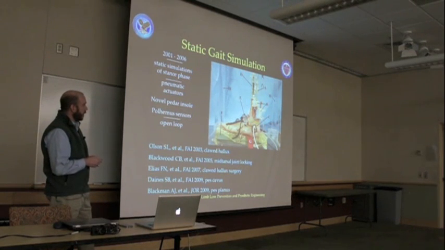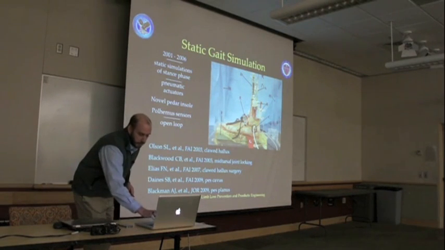These Polhemus sensors track the motion of the bones of the foot, and they were very sensitive to metal, so we had to get the metal out of the field of view. We wound up with, I think, 5 articles published. These are all med students who rotated through our laboratory, including Soren Olsen, who was our first student. The problem with these systems is that they are only static snapshots. We primarily looked at mid-stance.